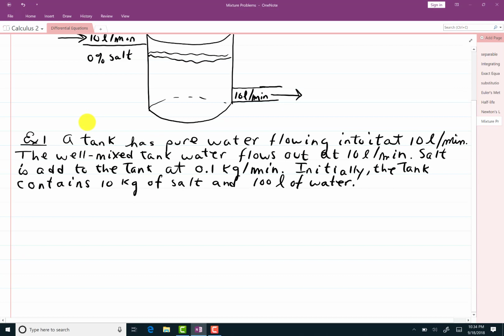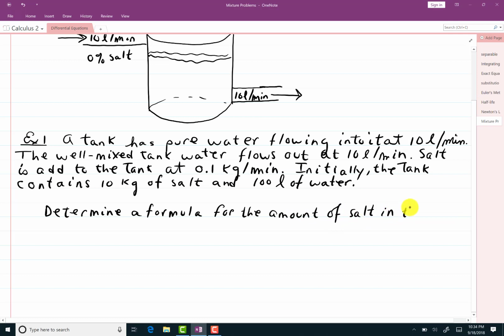So here's what we want to do. We want to determine a formula for the amount of salt in the tank at any time t.